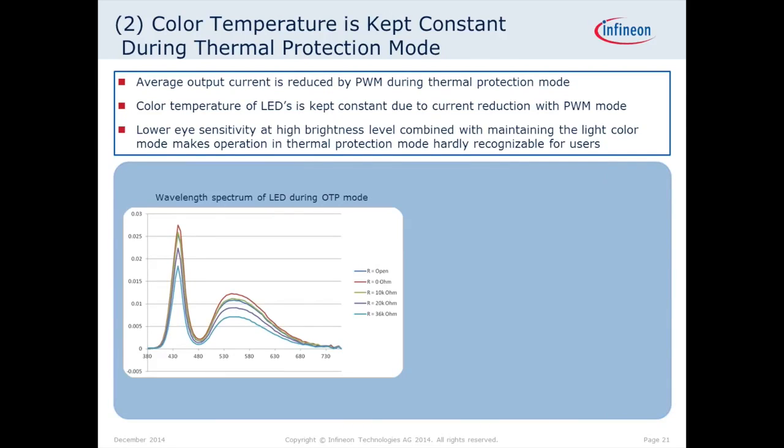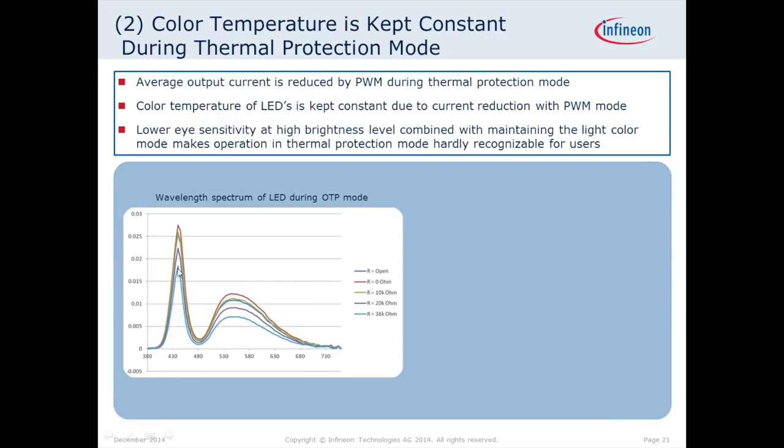And what I'm showing you here on the left-hand side is basically changing the current output level of the new LED driver ICs, the ILD6000 family. You can see here on the x-axis the wavelength of the light in nanometers, and here the light output at these wavelengths.